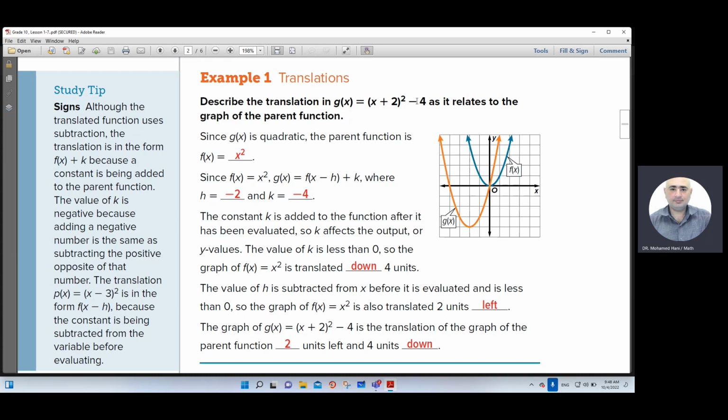As you see here, the value of k is negative 4, so the translation is 4 units down: 1, 2, 3, 4. And the h will be negative, so it is translated to the left 1, 2, as you see.